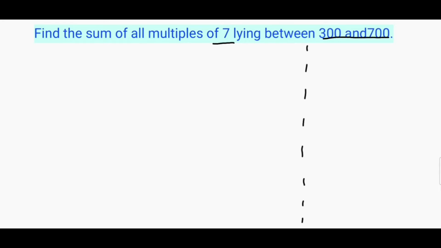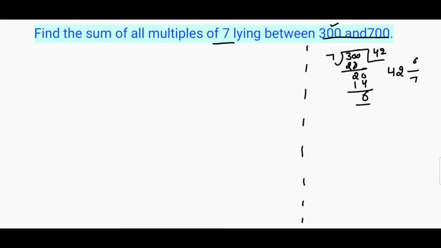First, to find the multiples of 7, I will divide 300 by 7. If I divide 300 by 7, I will get 42 and remainder 6, so I can write this as a mixed fraction.